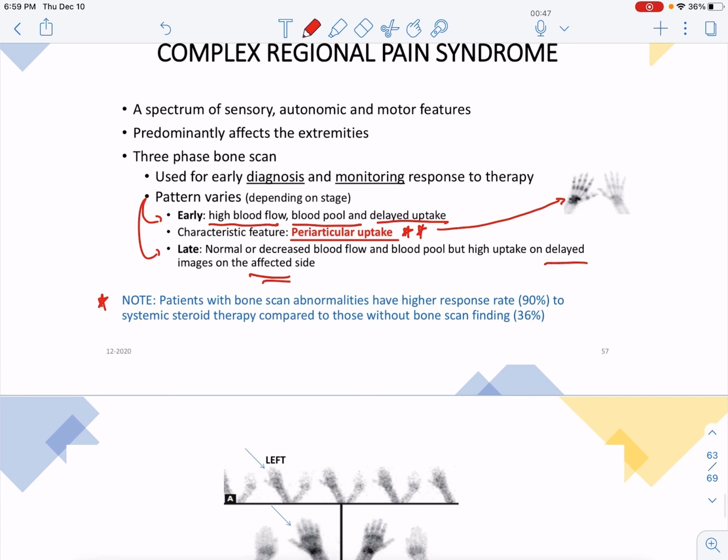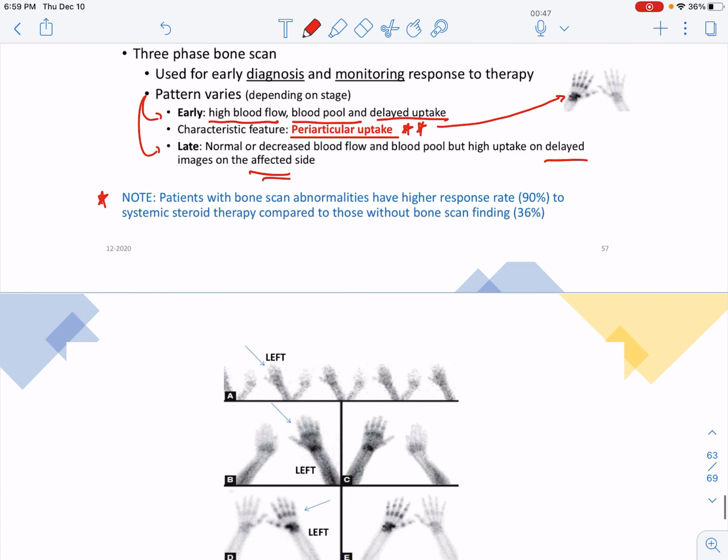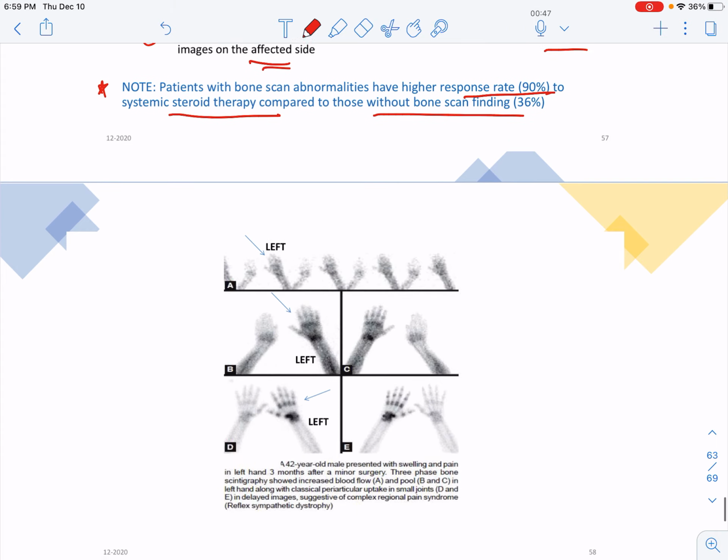And so just know that patients with a bone scan abnormality have a higher response rate to steroid therapy compared to those without. Okay.